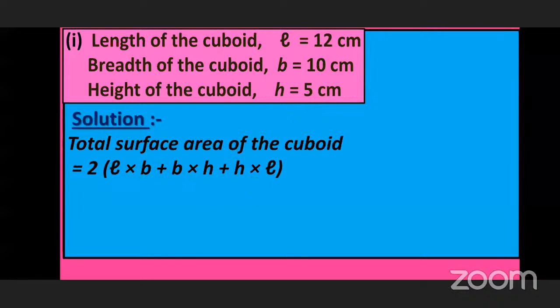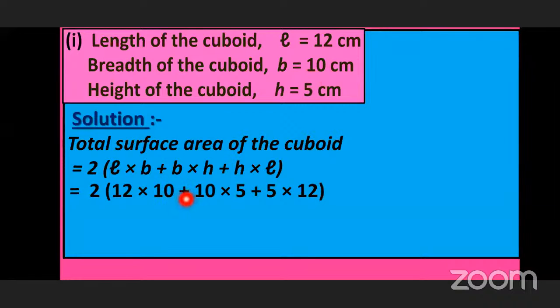Okay. So now we are substituting the values. See, in the place of L, we will write 12 as length is given 12. On the place of B, B is breadth and B is given 10 centimeter. So it will be 12 times 10 plus B is 10 times height is given 5 centimeter.